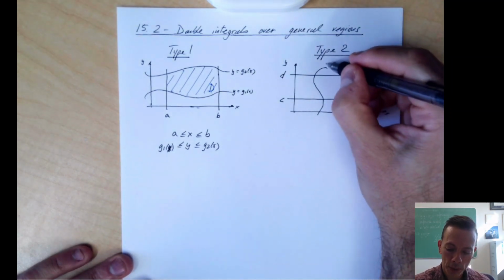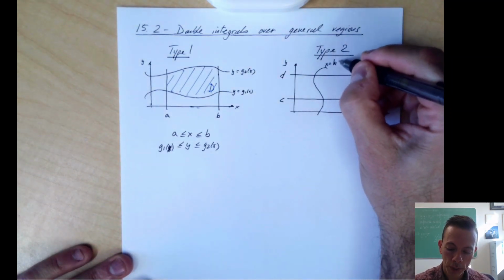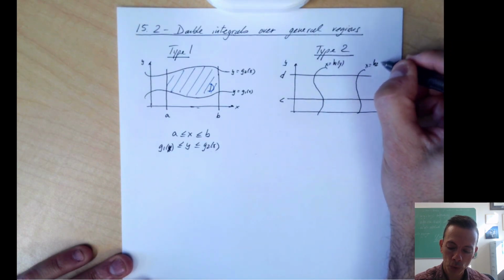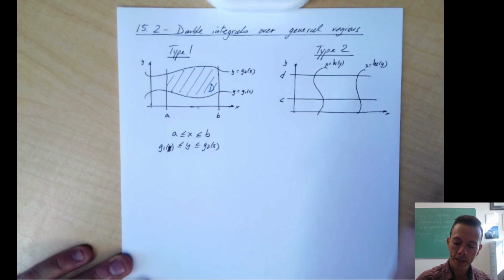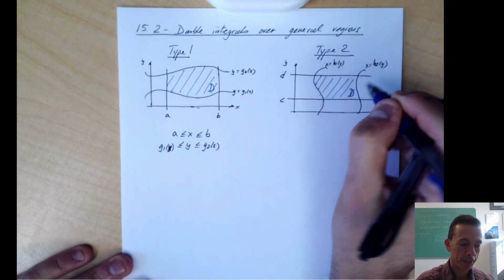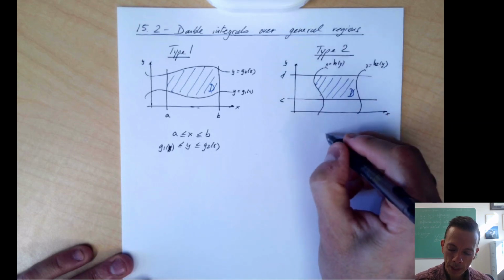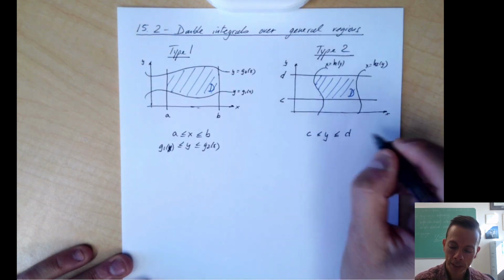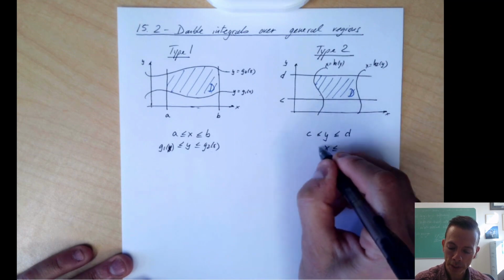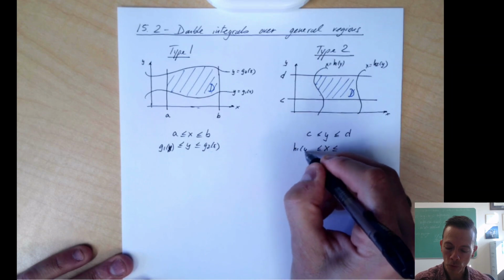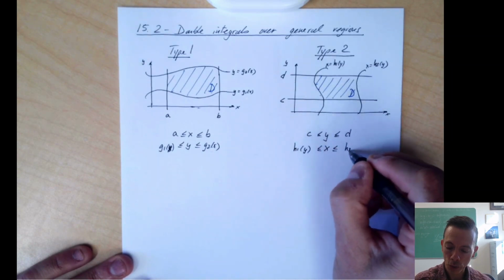You can call this one x equals h1 of y, and this one x equals h2 of y. This again defines a two-dimensional region D in the plane. Now the y-coordinate is trapped between two constants c and d, and the x-coordinate is between two variable curves, h1 of y and h2 of y.